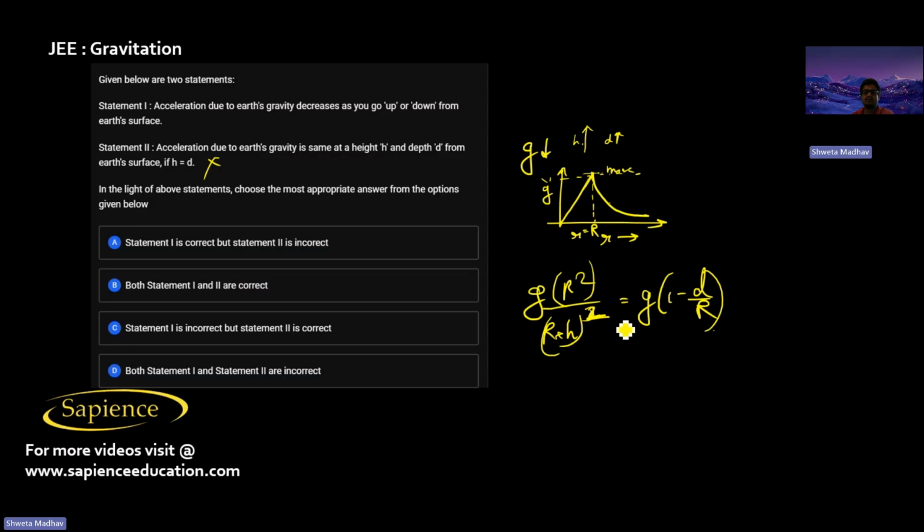So hence there can be any values of h and d for which the acceleration due to gravity will be the same.